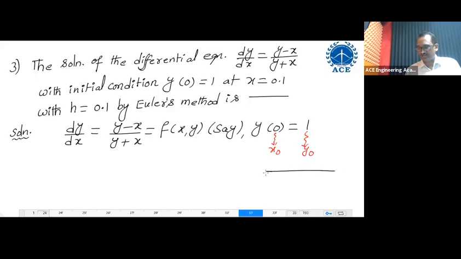And split the given interval into equal lengths of subintervals. This is x naught, this is x1, this is x2. X naught value 0, subinterval length 0.1. If this interval length 0.1, then this value should be 0.1. If this subinterval length 0.1, this value should be 0.2.